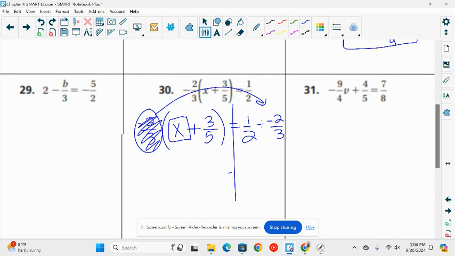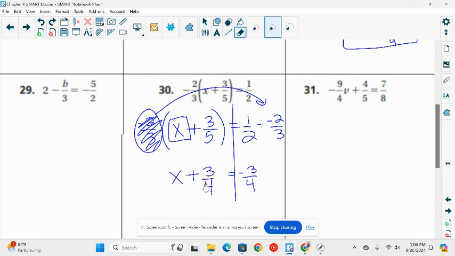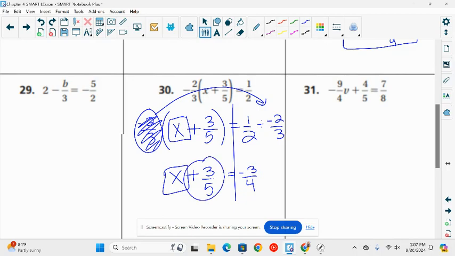Negative 3/4. I can bring down the part that was in parentheses. I can get rid of the parentheses because I'm done with the multiplication. Oops, not 3/4. Fifth. What do I have to move to get x by itself? The plus 3/5.